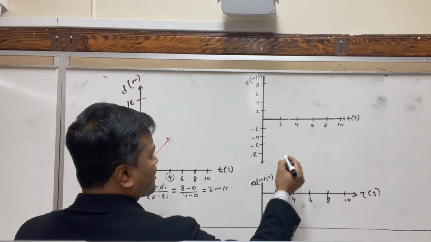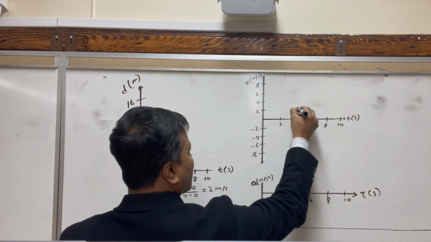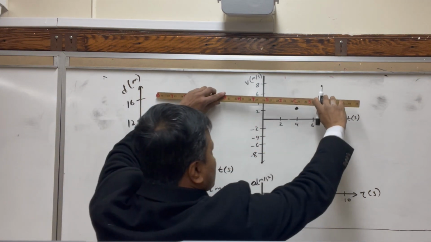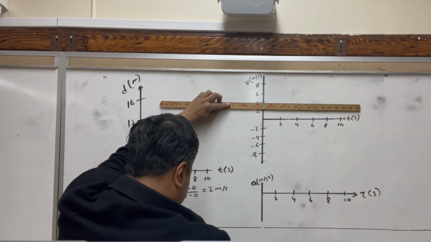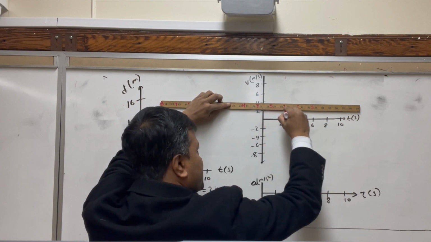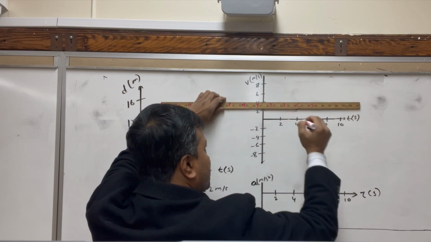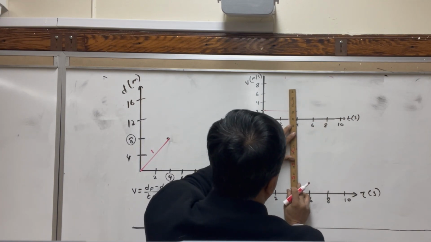So the object moves with a constant velocity of 2 meters per second from 0 to 4 seconds.